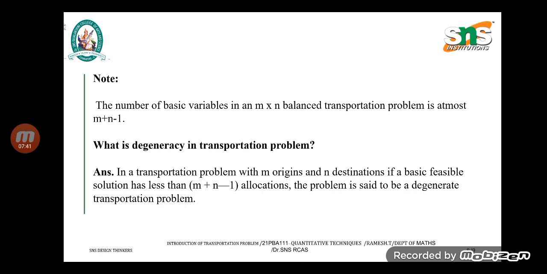So how do we resolve the degeneracy? We create a dummy epsilon in an independent position, and then the number of occupied cells becomes equal to m plus n minus 1 allocations. If these two are equal, then it becomes non-degenerate.